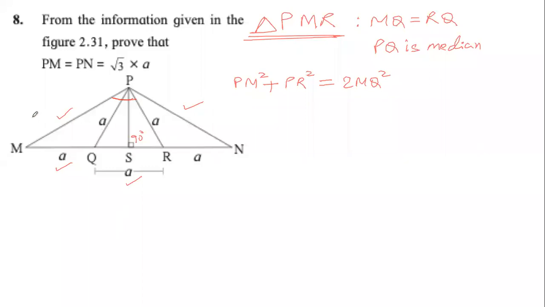Correct answer. You have written it in the chat box. It will be 2MQ square plus 2PQ square. Twice the square of the median and twice the square of the half of the other side. This is from the Apollonius theorem.